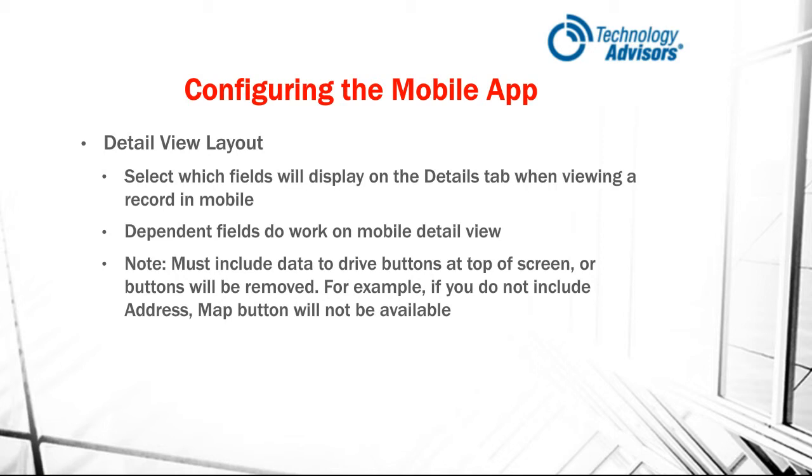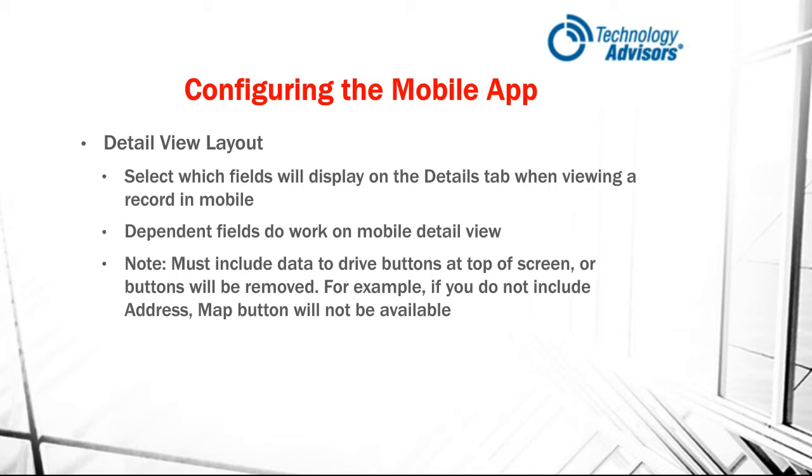And one thing that I learned the hard way one time, a while back, is that you have to have the necessary data to make the buttons at the top of the screen work. So Justin was showing you the buttons for doing driving directions and making phone calls and sending emails. The corresponding address and email address and phone number fields have to be on your detail view layout in order for those buttons to work.